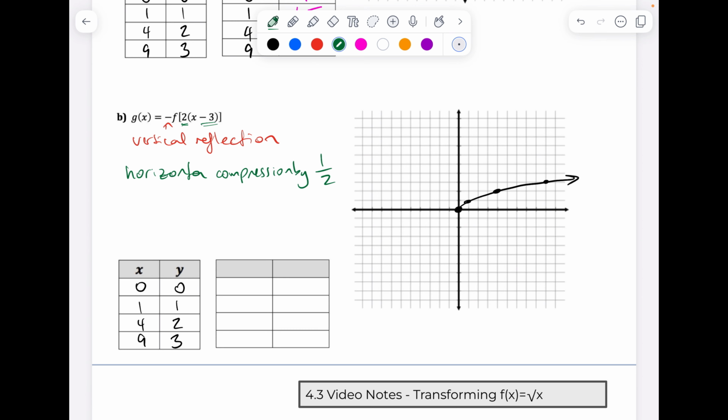And then the x minus 3 means horizontal translation 3 up. Okay, so my mapping statements, x is going to map to horizontal compression by a half, so a half x, and then up by 3, plus 3. And then y is just vertically reflected, so negative y.